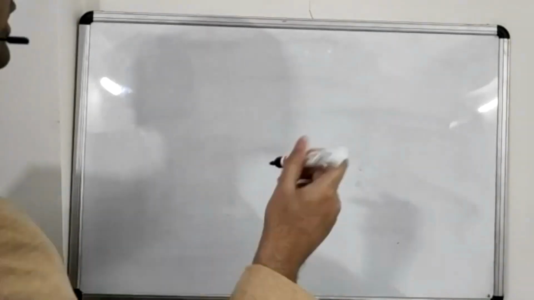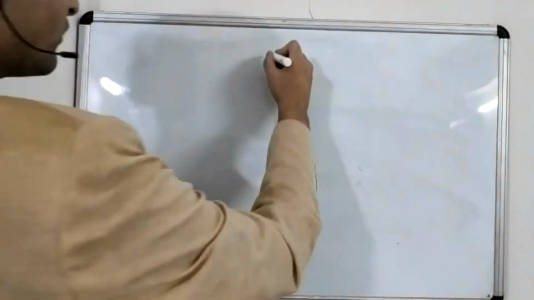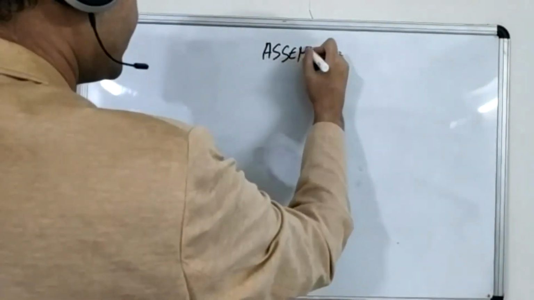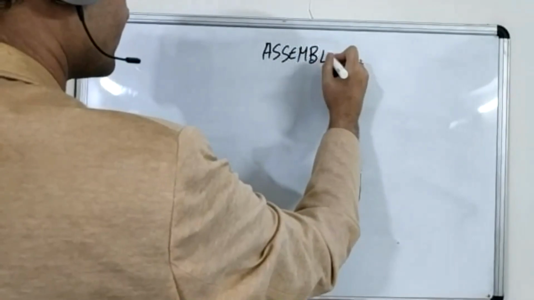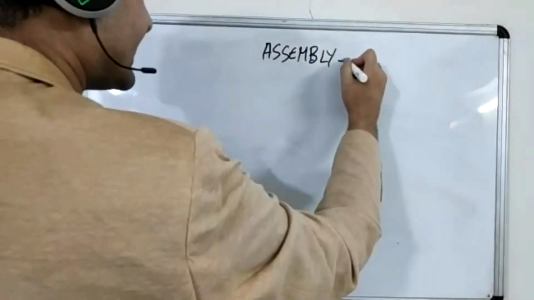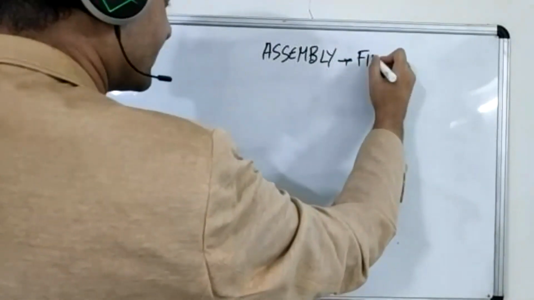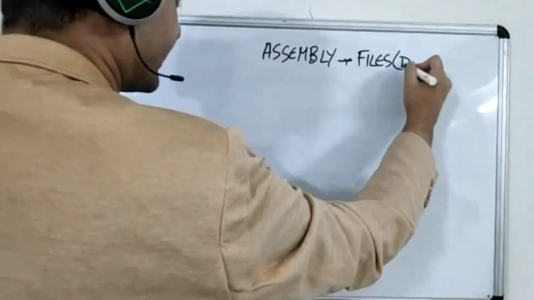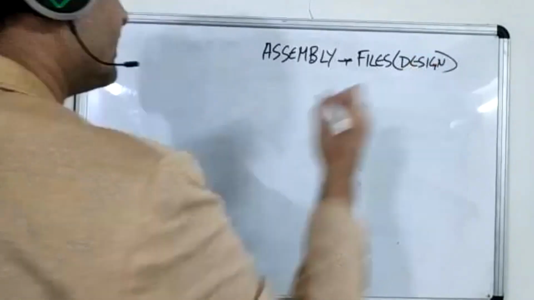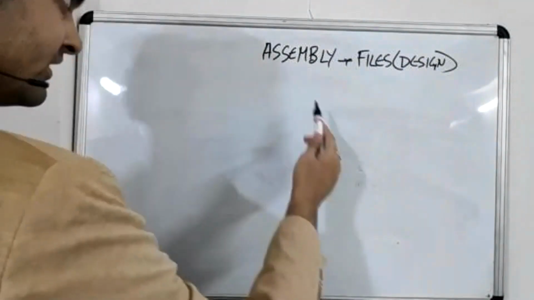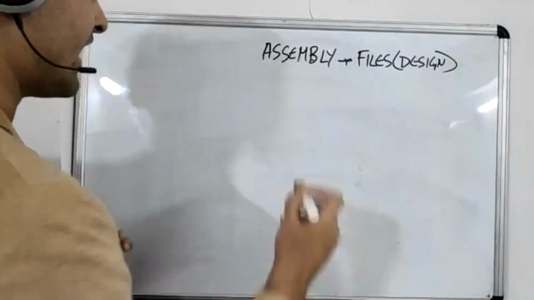So the first word that I want all of you to be familiar with is the word assembly. Think of assembly as a collection of files that are incorporated in any design. In assembly, there are two words that are really important, and I want you all to know about.